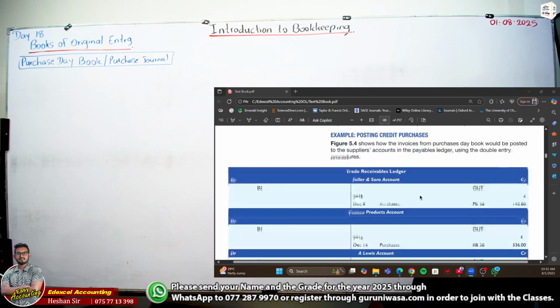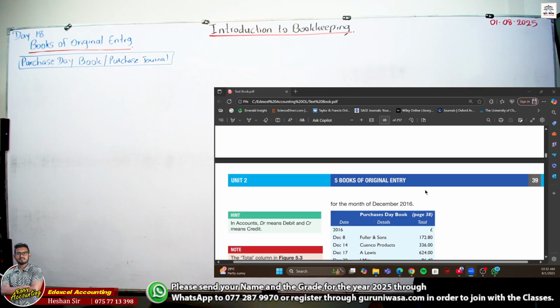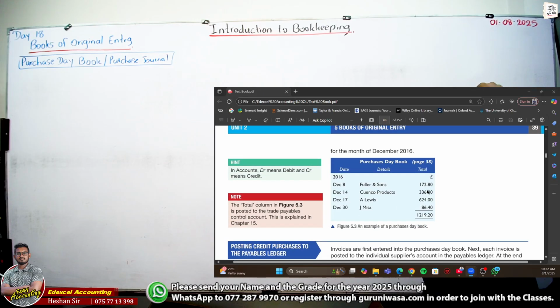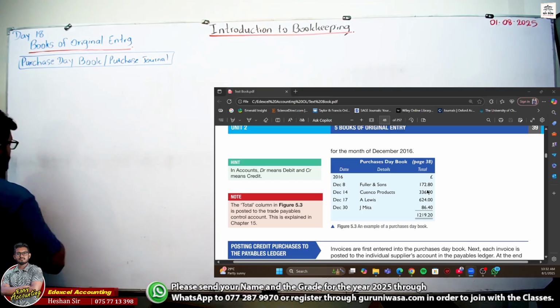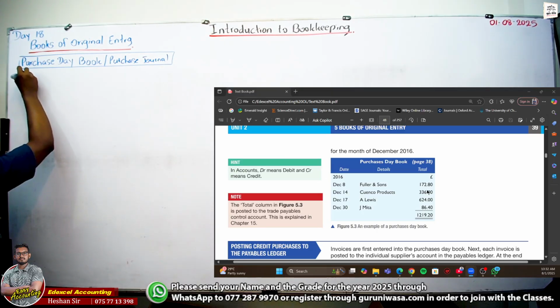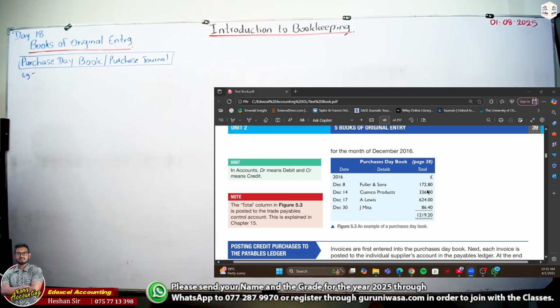I'll take 5 transactions. First of all, I'll write the 5 transactions, then you can have a clear idea. Examples: let's write a few examples referring to this.